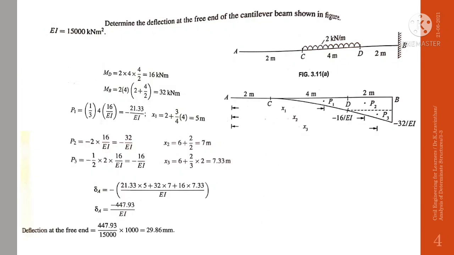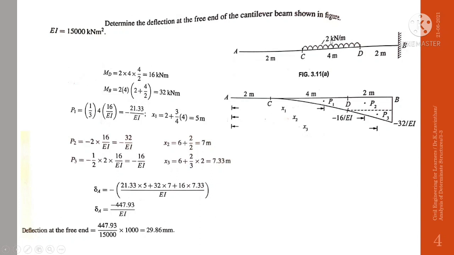Yes, this is a different problem. You have to find the bending moment at the free end, so at A you have to find the bending moment. You have a UDL in between the supports, which is 4 meter. Out of 8 meter, in 4 meter of the span you have a UDL.